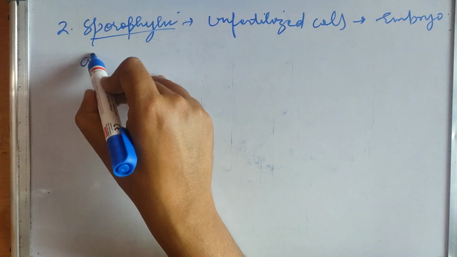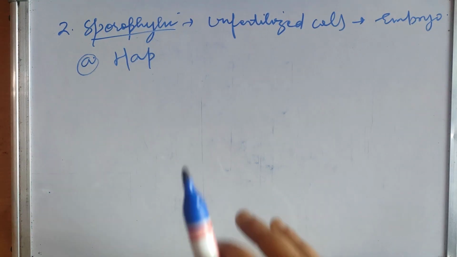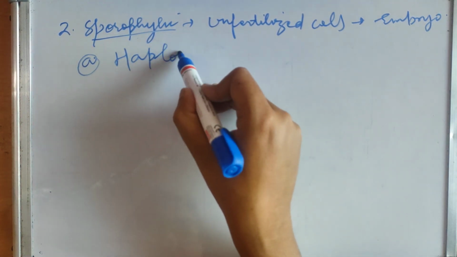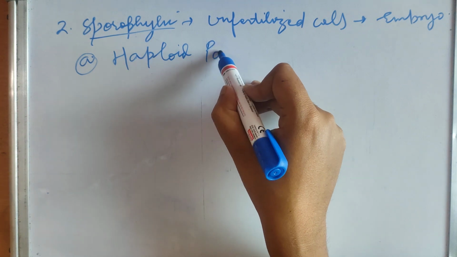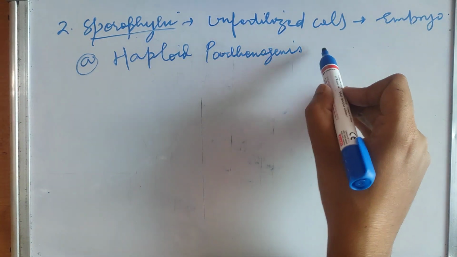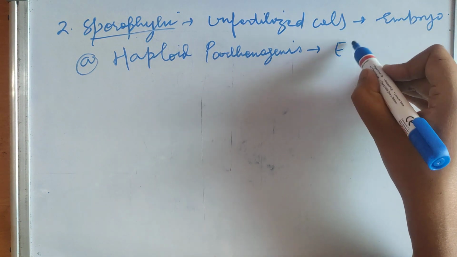The first type in sporophytic apomixis is haploid parthenogenesis. Here the embryo develops from the egg cell.